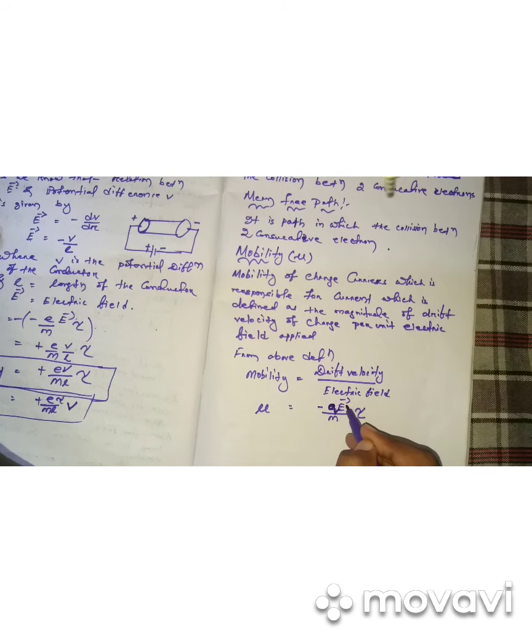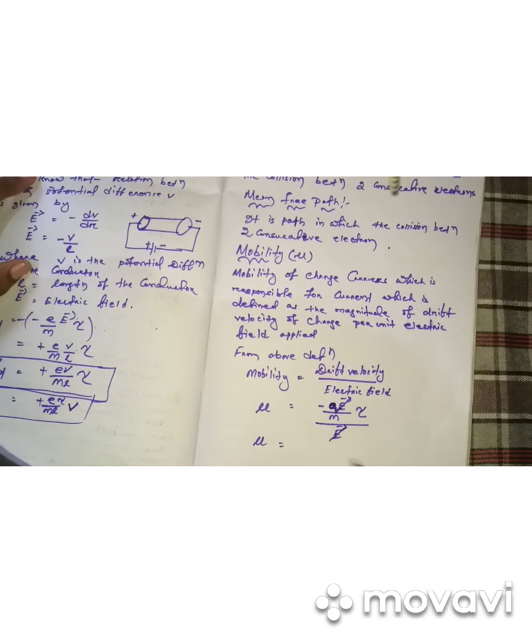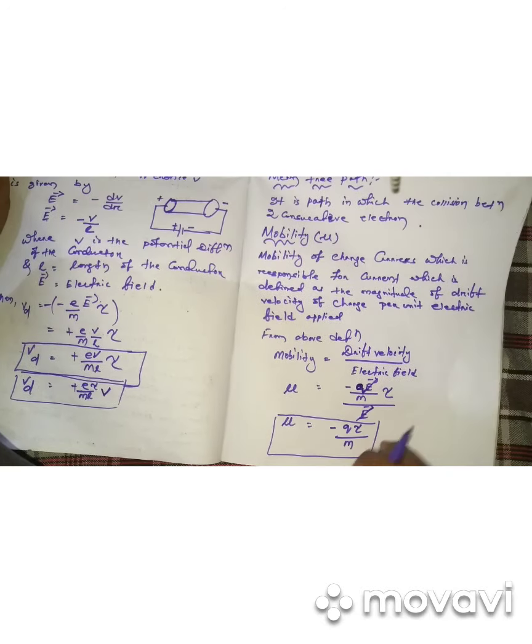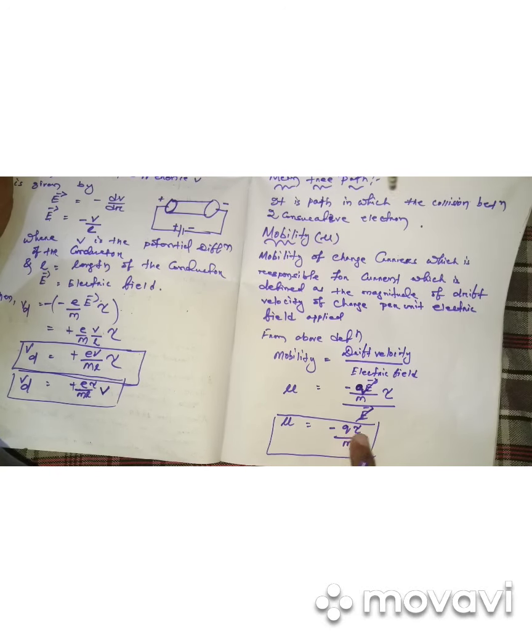So minus q E vector by m into tau is called drift velocity, which I have already discussed, divided by electric field, that is E vector. So E vector cancels out. Then mu equals minus q tau by m. So that is the mobility of charge carrier. Clear? So mobility of charge carrier equals minus q tau by m.